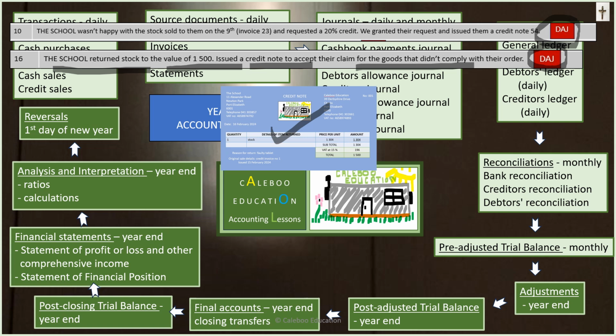We issue a credit note and we issue the original. We keep a duplicate and we use a duplicate credit note to record the transaction. Remember, I always show you later on in the video a bigger picture of the credit note or any document.